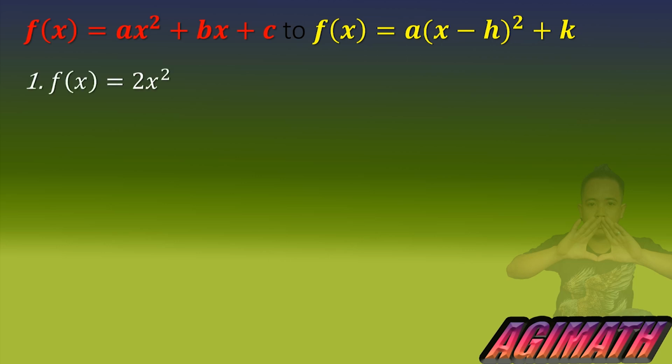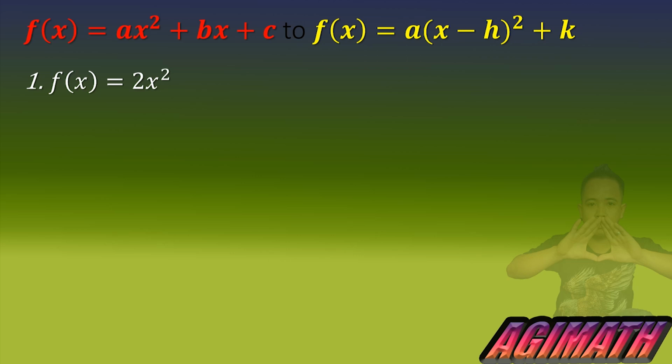So given we have f of x equals 2x squared. I think if you were able to look at my previous video about representing quadratic function, you are familiar with this function. F of x equals 2x squared is one of the examples of an incomplete quadratic function.